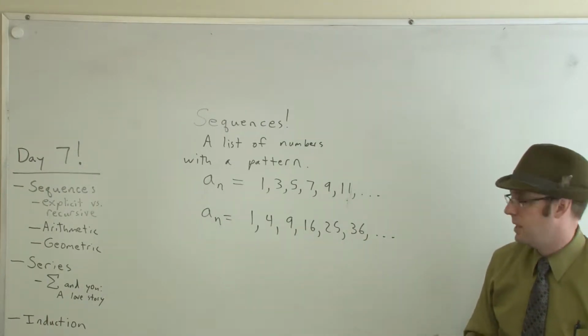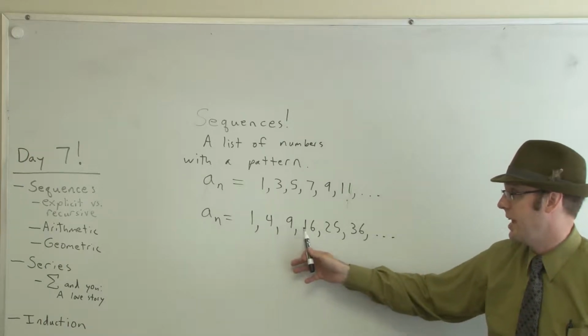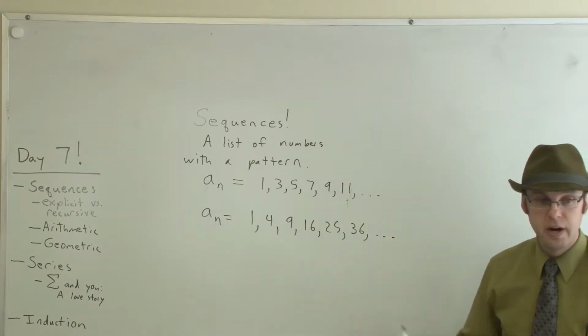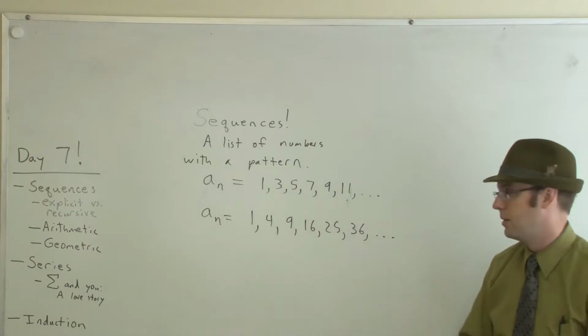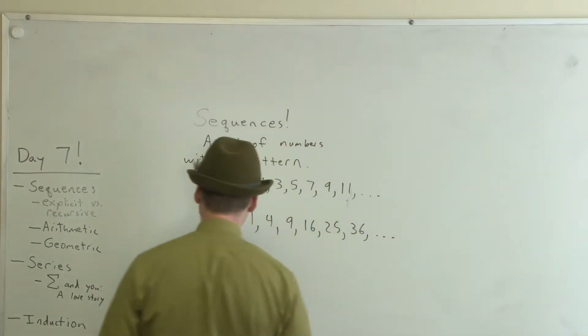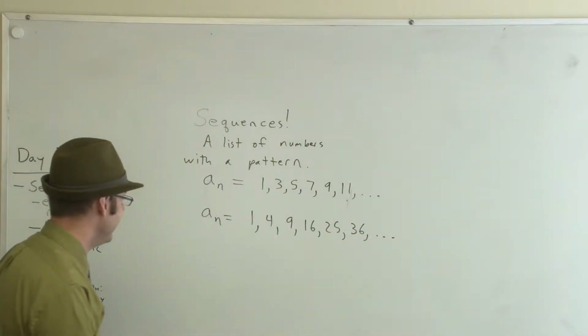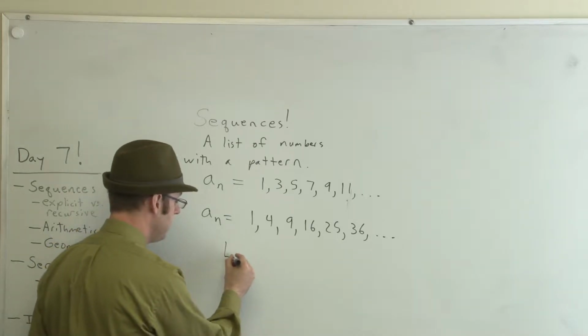If they want to be really sneaky, they'll do like 0, 3, 8, 15, 24, 35, where it's all just 1 less than all the squares. So, 2 bits of vocabulary.